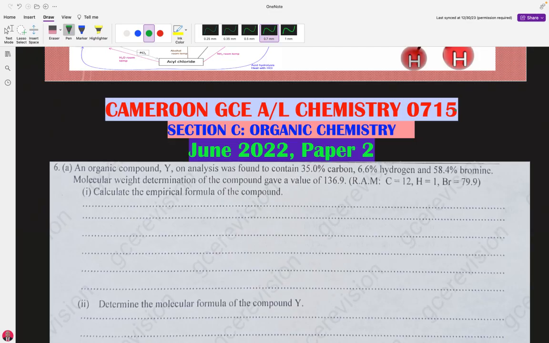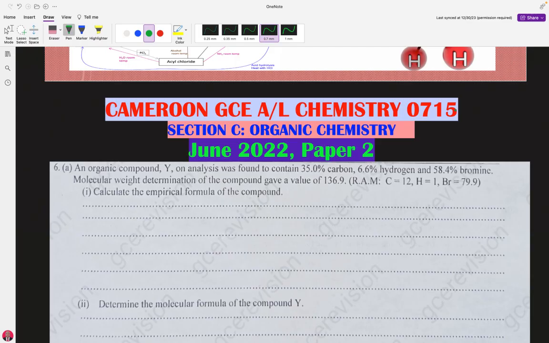Question 6A reads, an organic compound Y on analysis was found to contain 35.0% carbon, 6.6% hydrogen, and 58.4% bromine. Molecular weight determination of the compound gave a value of 136.9.